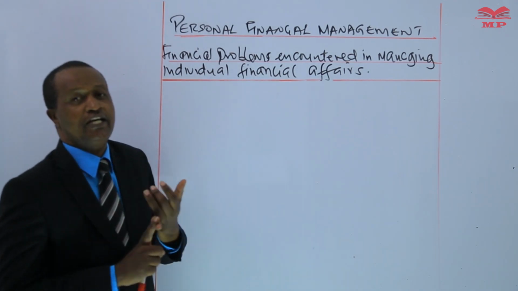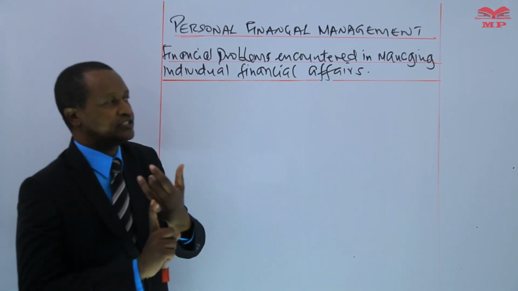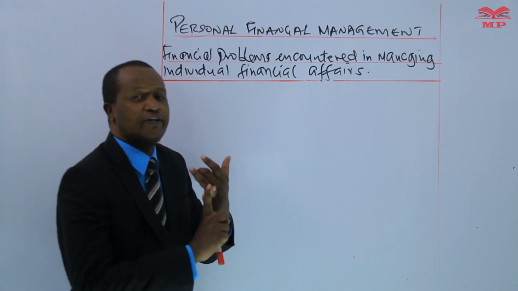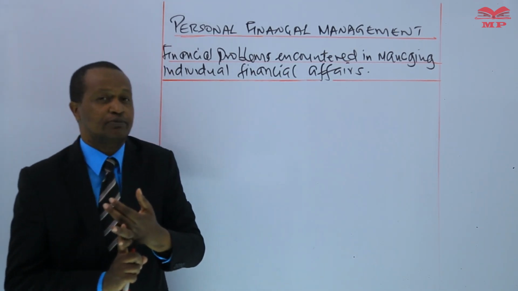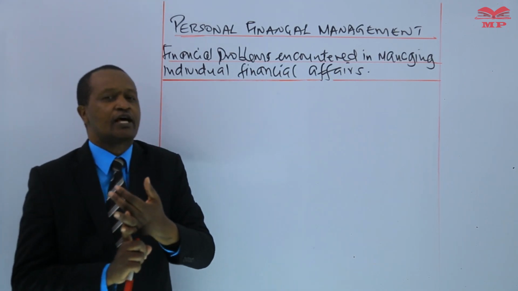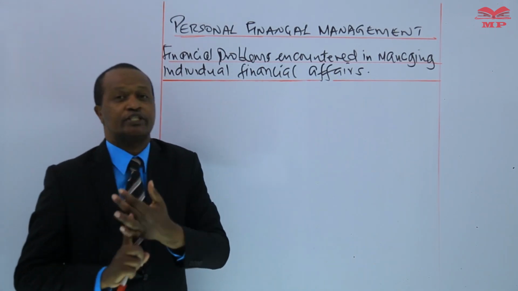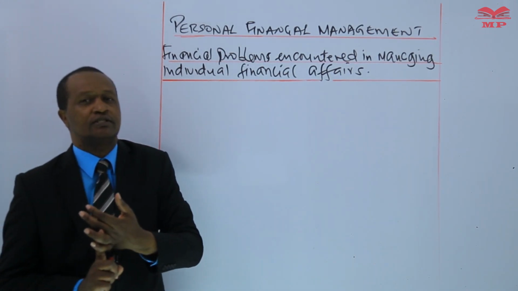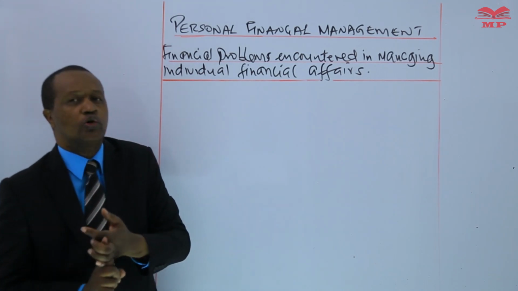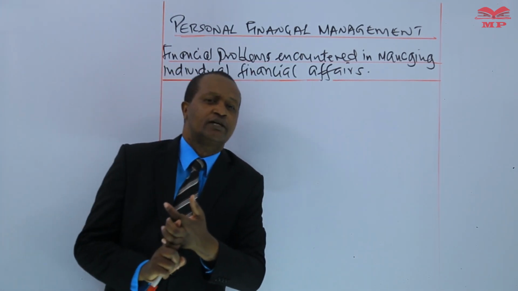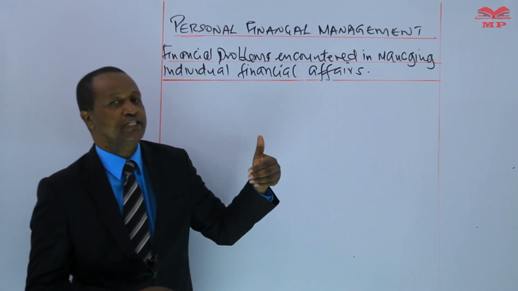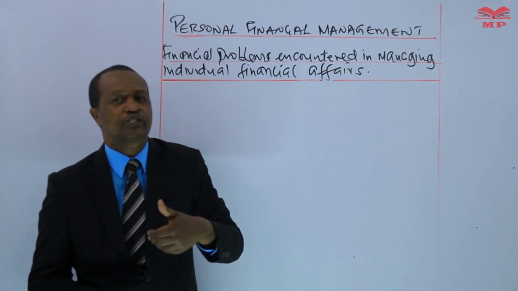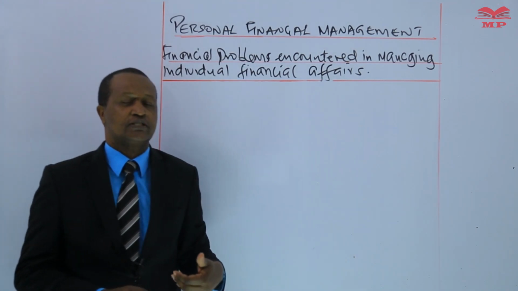The second key area is savings and investment considerations. The third subtopic is personal risk management. Number 4, cost of credit. Number 5, which is the last key area, is what we call financial alterations.